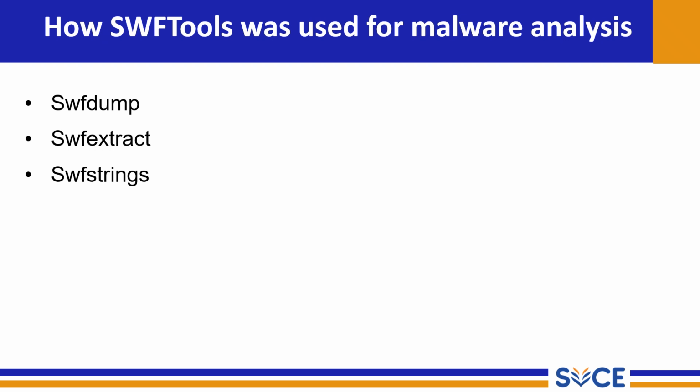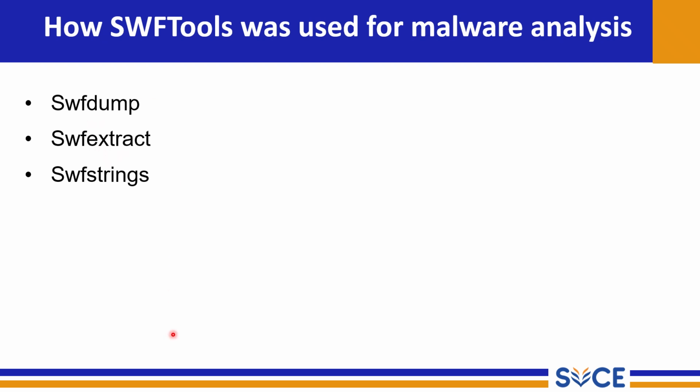The main use of these is that it is a command line suite of utilities for manipulating SWF files in malware analysis. Its primary component is SWF dump, followed by SWF extract.